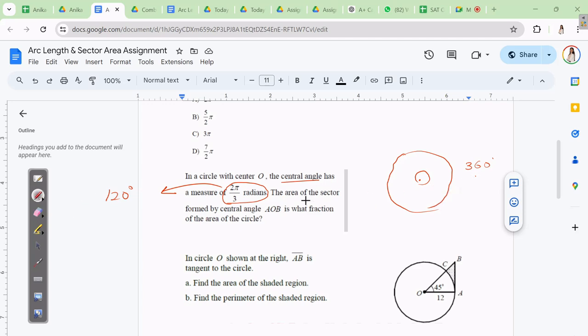You have to find out the area of the sector formed by the central angle AOB. So if this is a circle and you have this angle AOB, and here this angle is 2 pi by 3, which is 120 degrees, they are asking what fraction of the complete circle this sector is.